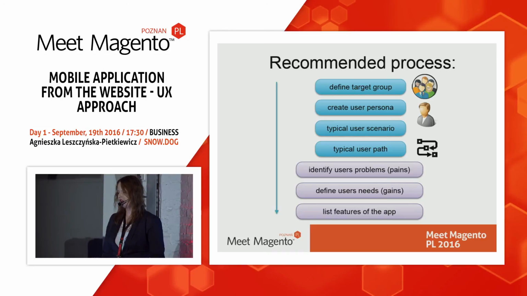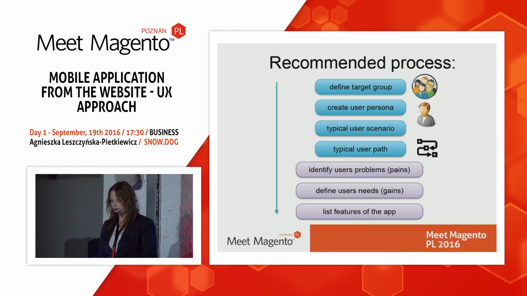And after you do that, you should write a typical user path. So where he's going, what is his first step, what is his second step, how he feels and walks in your website or in your application. It would be good to first have a user path created based on your website, and then think about how you want to switch it to the application.